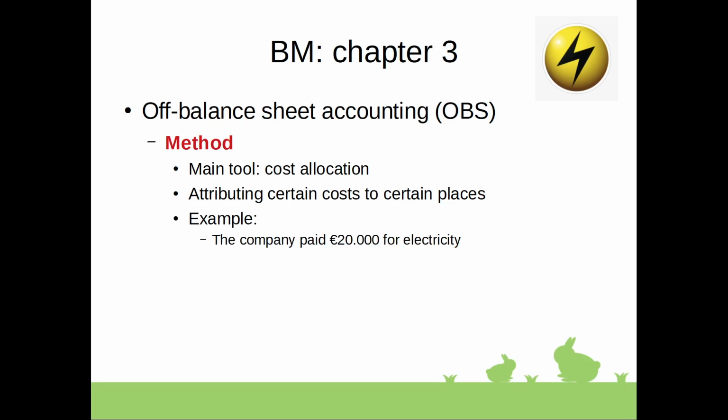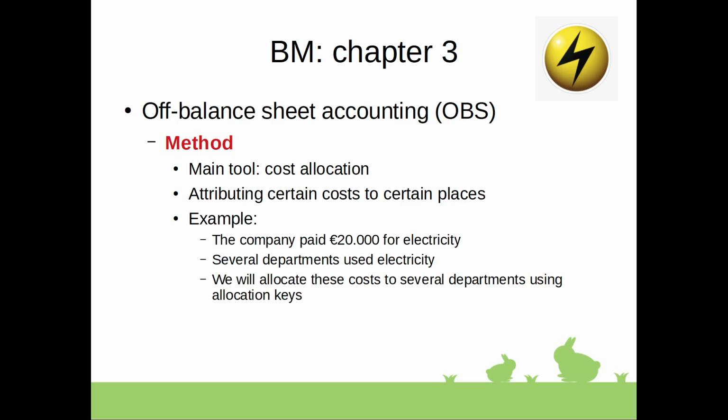So using certain allocation keys, we will allocate or attribute these costs to certain places. Example over here, once again, of course, with the electricity, that's why we have the symbol in the right-hand corner. A company has paid 20,000 euros for electricity. Several departments used electricity because they all use it. And the one who has used the most will be attributed the highest cost in the end.